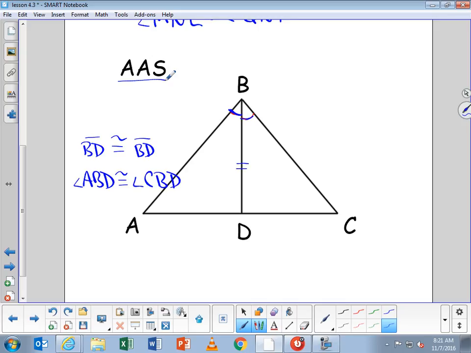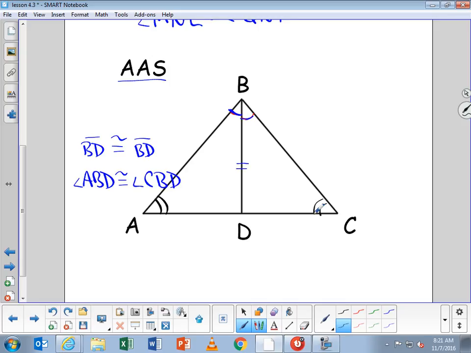He said it would be angle BAD, the bad angle, and angle BCD, that angle. Do I have to use three letters to name them? No. Why not this time?